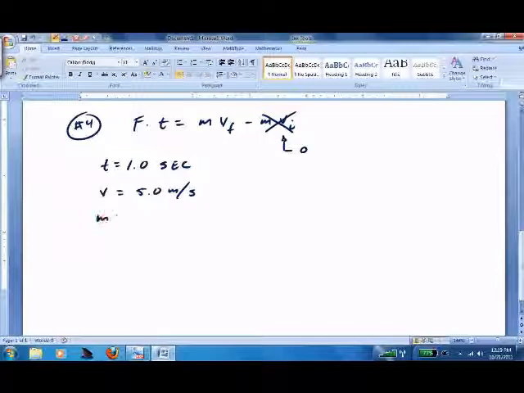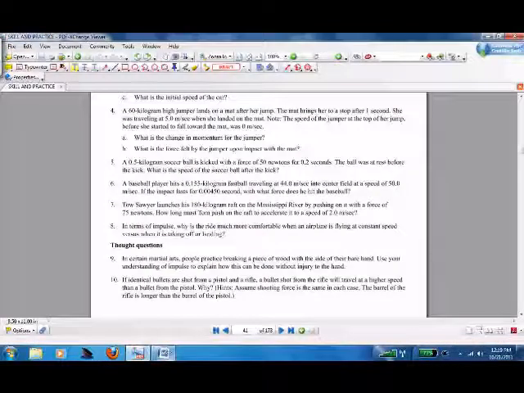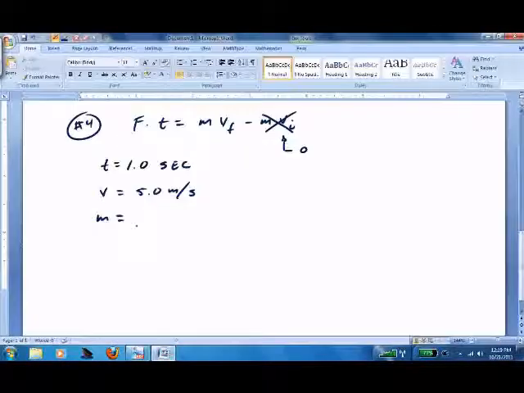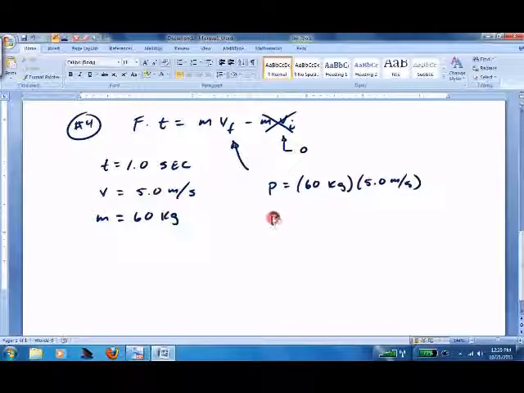And her mass is 60 kilograms. So we don't know the force. Got to work on this side of the equation over here. So momentum is 60 kilograms times 5 meters per second. Momentum equals 300 kilogram meters per second. That's A.